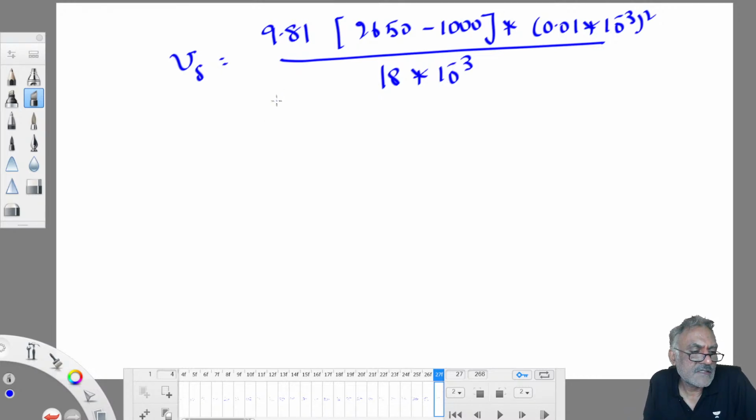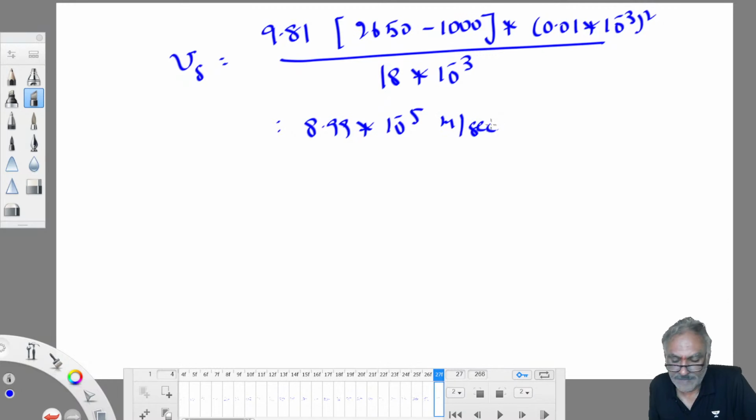So I got this as 8.99 into 10 power minus 5 meters per second.